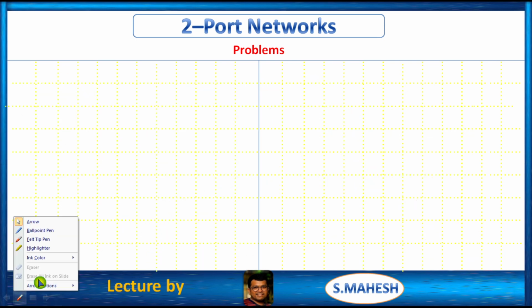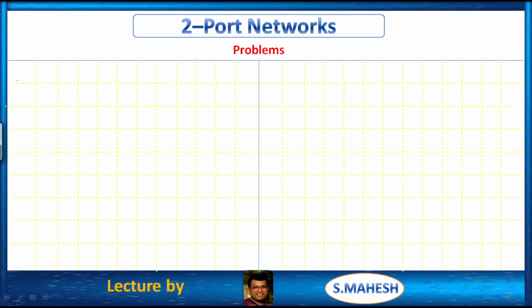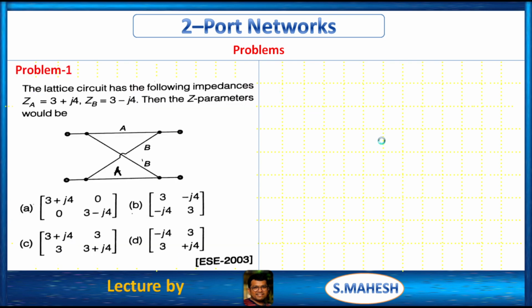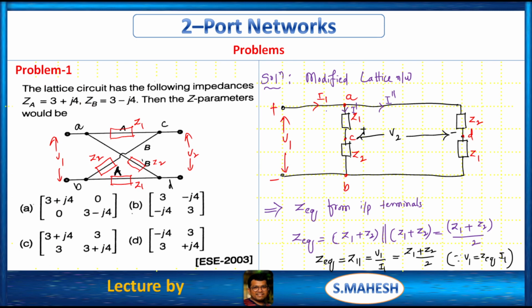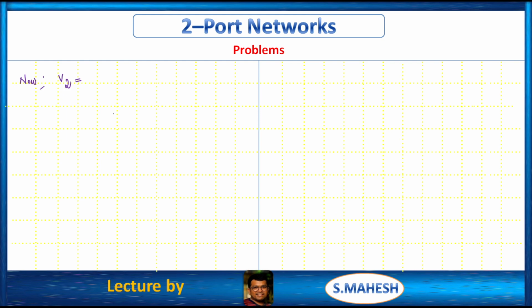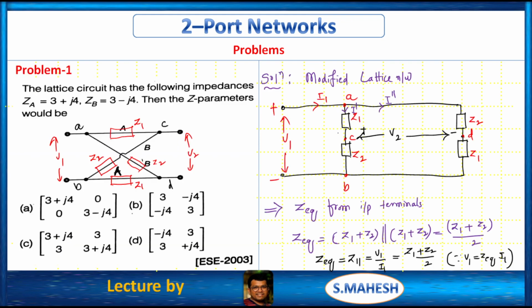Next, V2. See the diagram: V2 is present between C and D. Therefore, V2 equals VC minus VD. Where VC equals total voltage V1 minus the drop. The current through that branch is I1 dash into Z1.